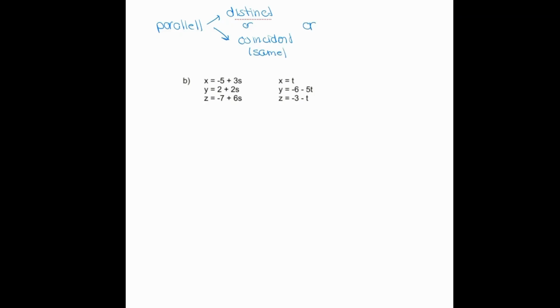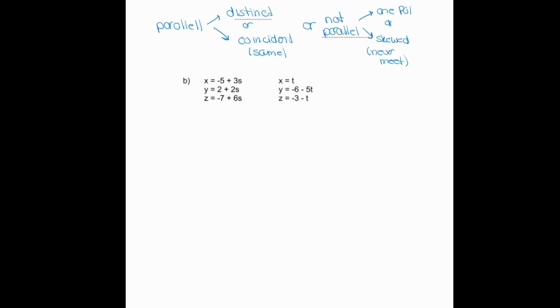Or they could be not parallel, same as before. However, now in 3D, if they're not parallel, there could be one point of intersection, one place where they meet, or now we have this skewed, meaning that they never meet. So they could be not parallel, but they could never meet. And in 2D, that doesn't happen. If they're not parallel, then there will be some point where they will cross each other. In 3D, that doesn't happen.